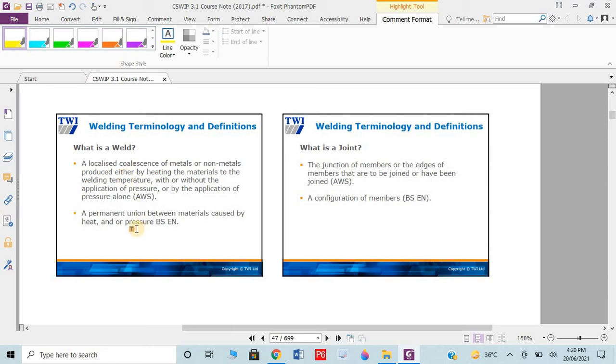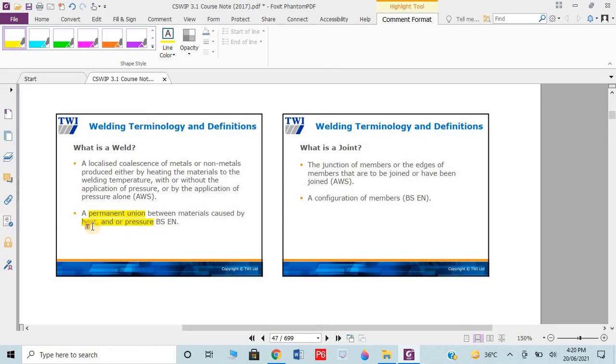So we have normally two types of welding. It's always a permanent union, remember it. Rivets are also permanent; before welding we had rivets and riveted joints, etc. Those are also permanent. But here we have welding. Normally we have two kinds of welding: heating and with pressure, meaning fusion welding and pressure welding.